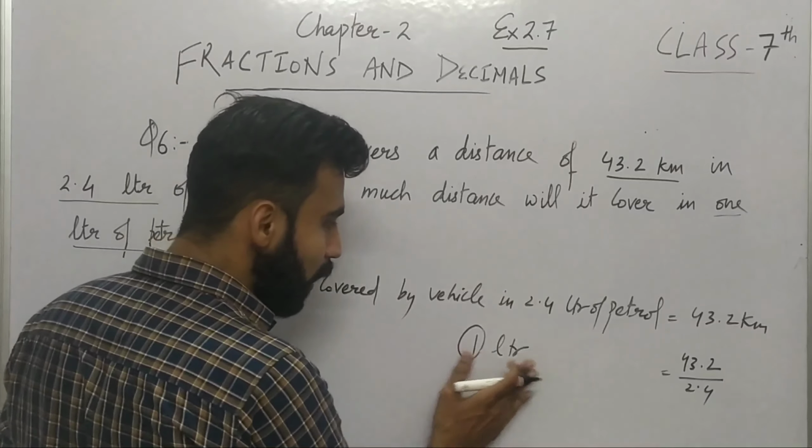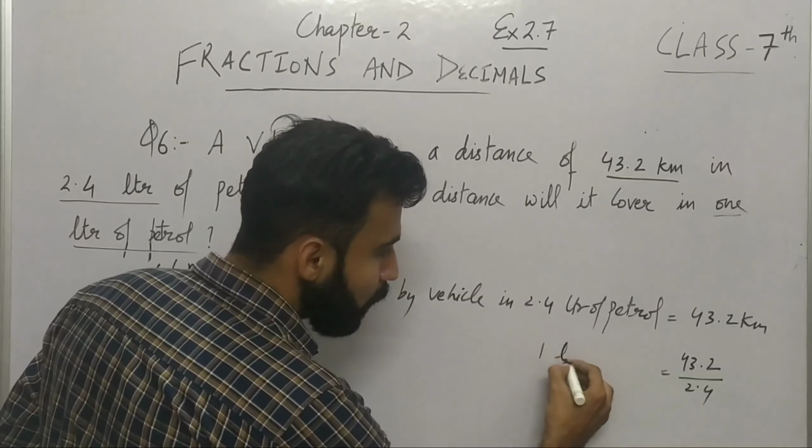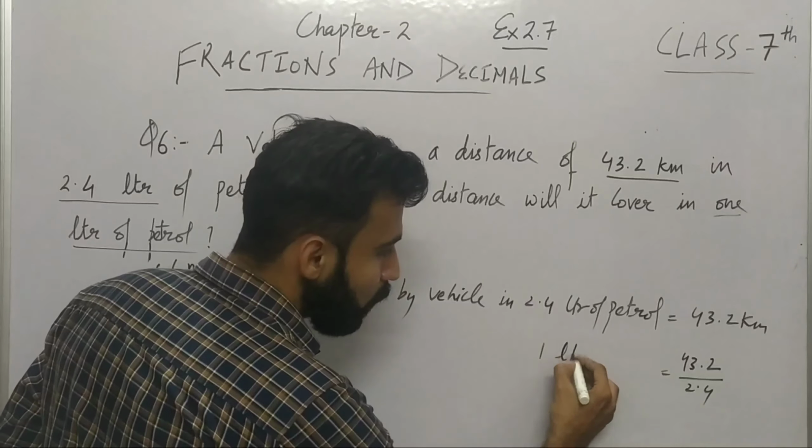But before that, let me just write this in a statement form, right? So let me just write here, in 1 liter of petrol, the same statement will come. So distance covered by vehicle in 1 liter of petrol will be equal to 43.2 divided by this value 2.4.